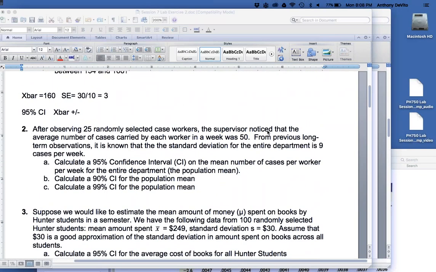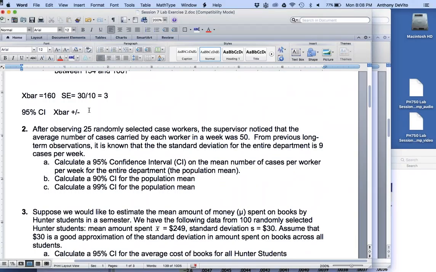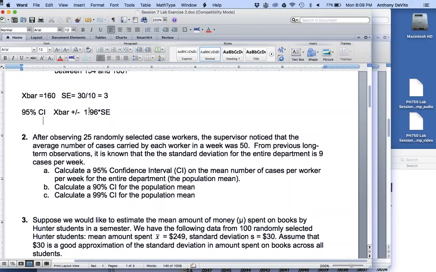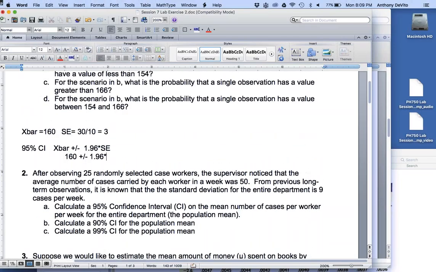Okay, it's going to be equal to x bar, the mean of my sample, plus or minus, well now instead of 2, I'm going to say 1.96 times my standard error. And in this case, what is that going to be equal to? That's going to be equal to 160 plus and minus, both, because it's going to go both directions, below the mean and above the mean, 1.96 times, and what did I calculate my standard error to be?